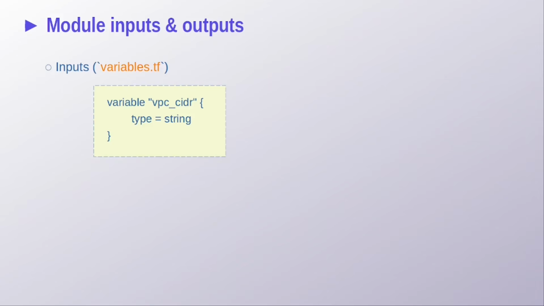Why is this important? Because it makes your module flexible, reusable, free of hardcoded values. You can use the same module for dev, staging, production, just with different input.